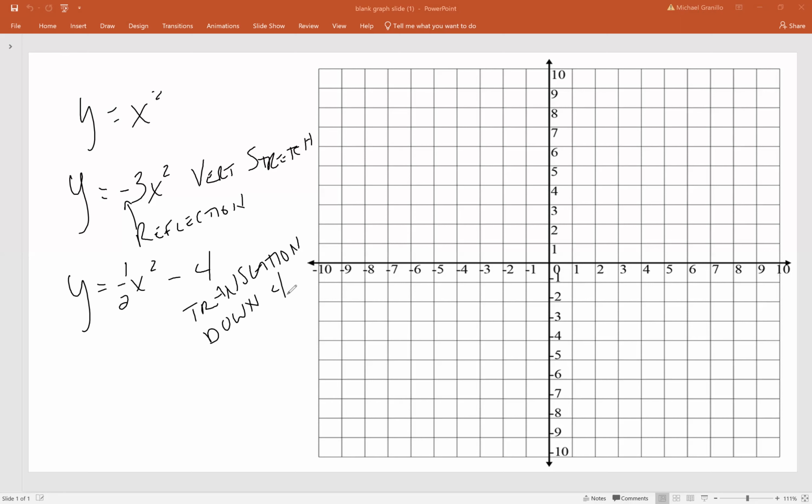But if you notice, we've only been dealing with A and C, right? We've only moved things up and down. The x value of our vertex has stayed 0 this whole time. It might be 0, 0, it might be 0, -4, whatever, but the vertex and the axis of symmetry have stayed at 0.